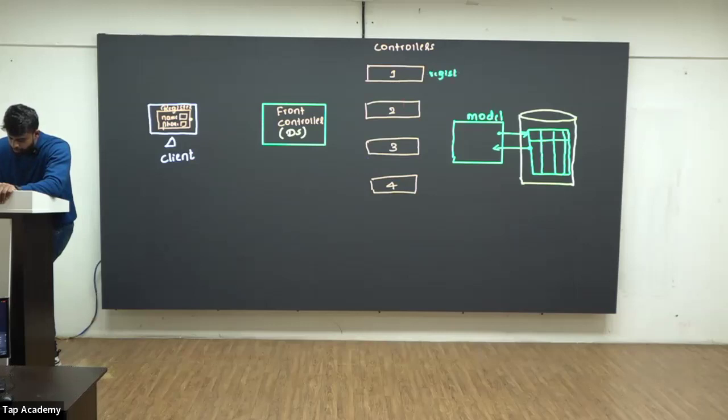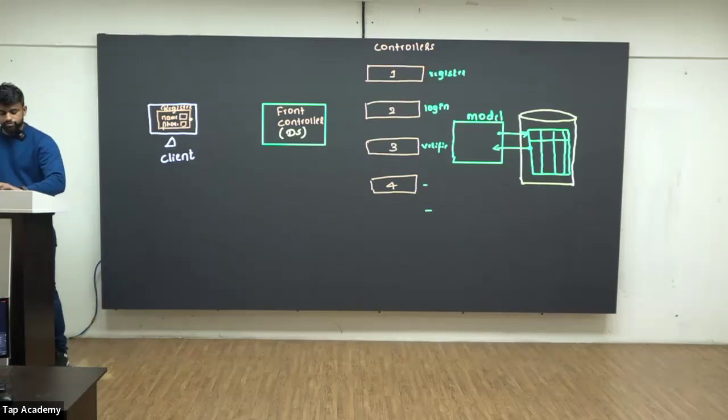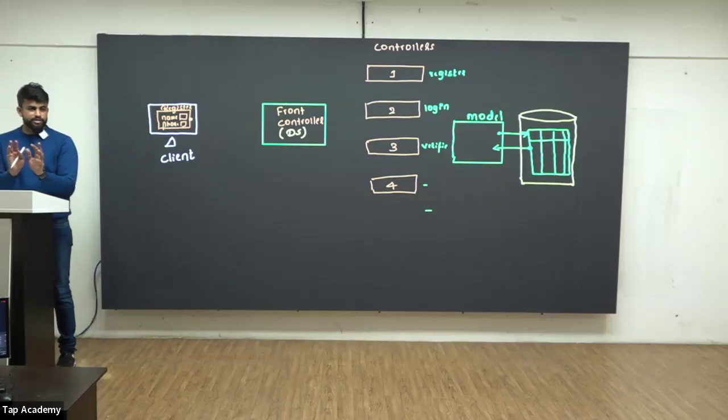There's one more controller you will create which is for login. There is one more controller you will create for verification. Like this, you will create different controllers to do different stuff there. You have to use different controllers there to do different things. If you have created the project, you will understand what I'm trying to tell there.